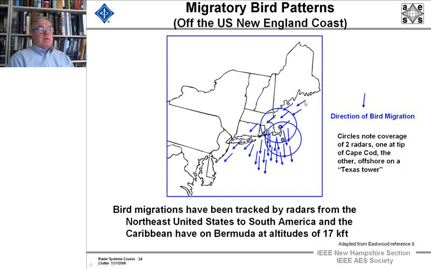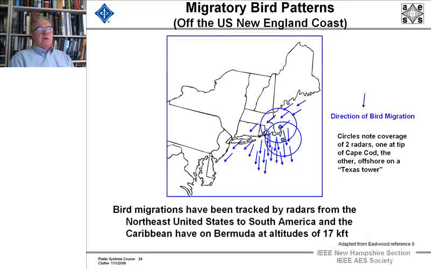And they spotted, coming down along the coast and out from the northeast, huge bird migrations. Now, these bird migrations were tracked very effectively by university ornithologists. These are birds that go up to 17,000 feet, relatively small birds.